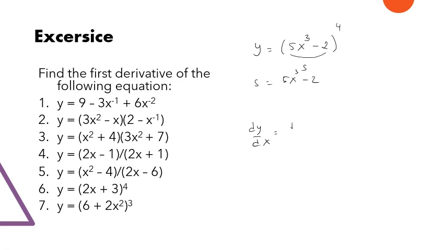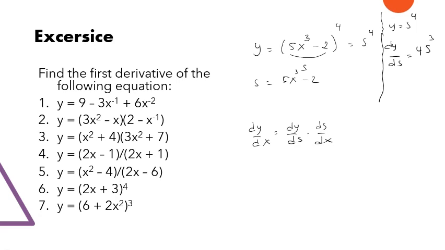So dy/dx equals dy/ds. Remember that I said about the chain rule? ds/dx. Okay, now this becomes s over 4. Since y is s with power 4, the derivative of y with respect to s will be like this: 4 goes to the left, s power 3.